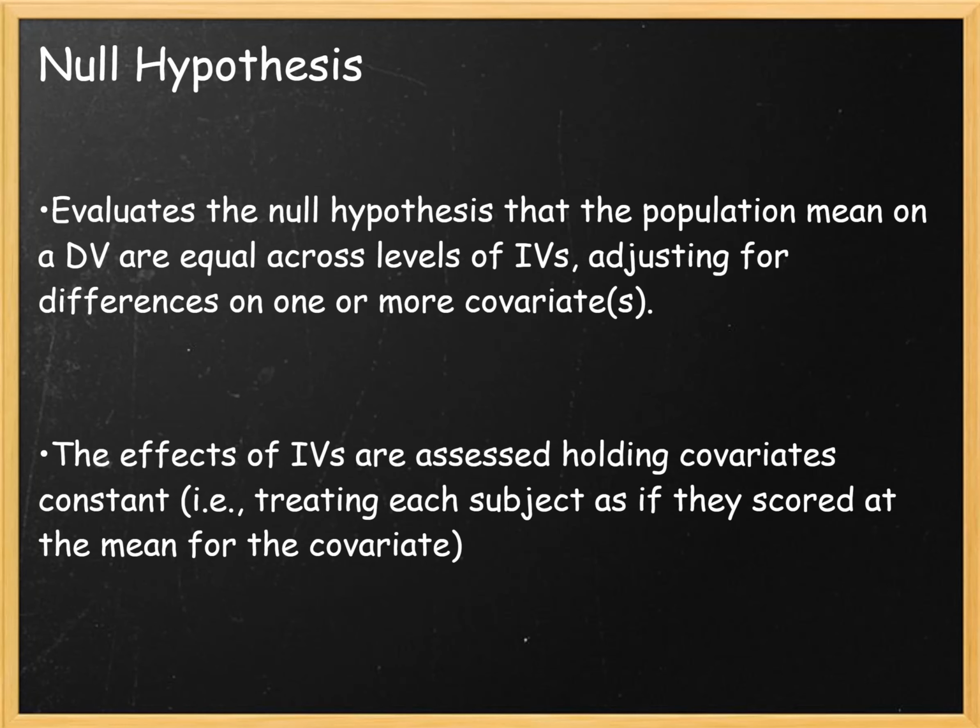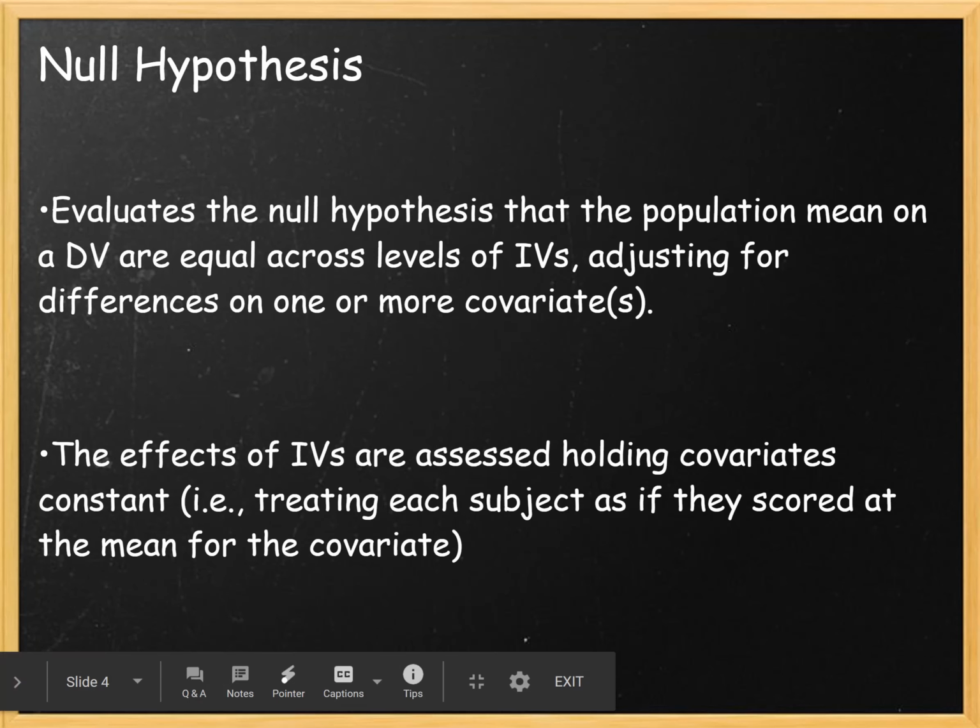So the covariates, the statistical control variables, are the variables that we're holding constant to see if the adjusted levels of the DV are different across the levels of the independent variables. Right? So just as in an ANOVA, we can have main effects, we can have interactions, but instead of looking at those main effects and interactions on the actual observed means, we're looking at the main effects and interactions on the adjusted means.